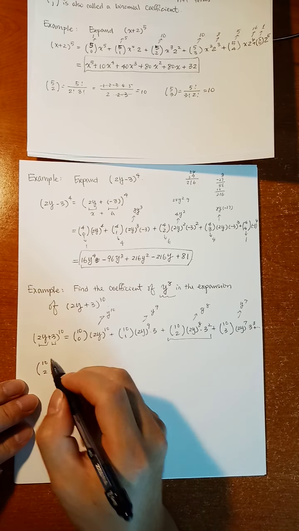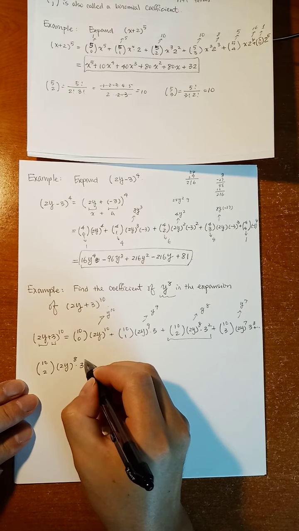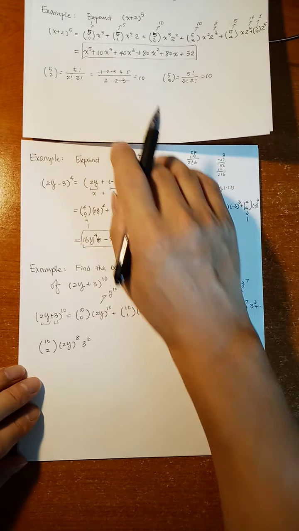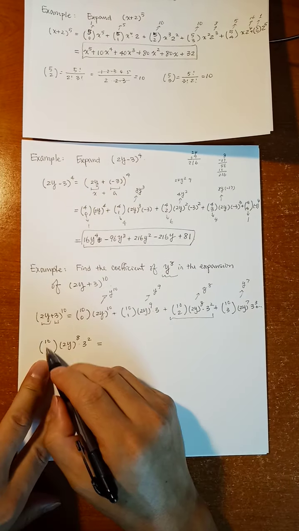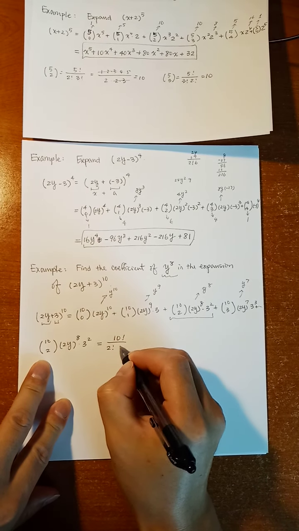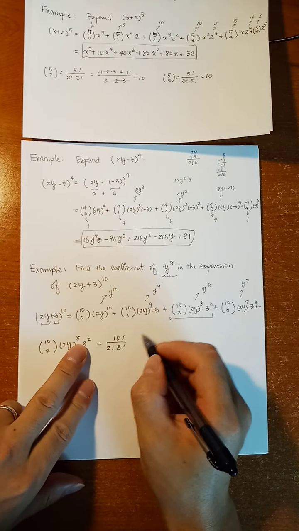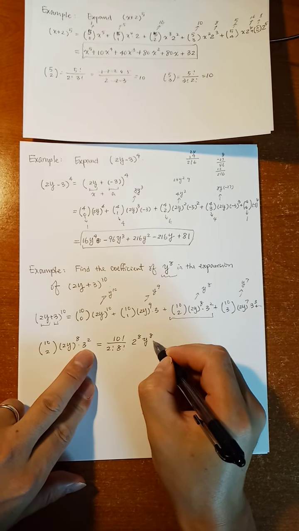10 choose 2, 2y to the 8th power times 3 squared. Be careful, it's very annoying when you write it. Okay, now let's try it. 10 choose 2 is 10 factorial over 2 factorial times 10 minus 2, 8 factorial. 2y to the 8th power is 2 to the 8th power, y to the 8th power. 3 squared is 9.